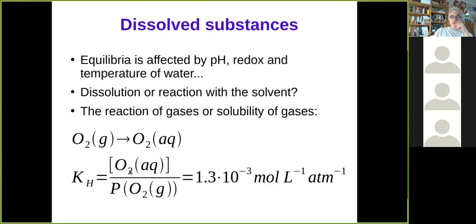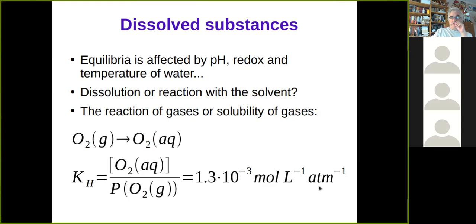Activities of solutions are usually termed by the value of the concentration, and activities of gases are usually termed by the pressure measured in atmospheres or possibly bars.